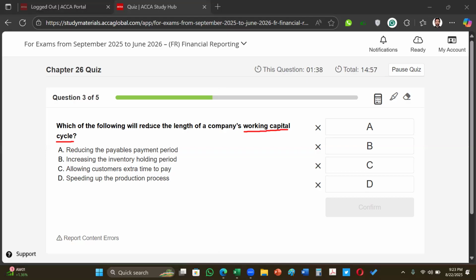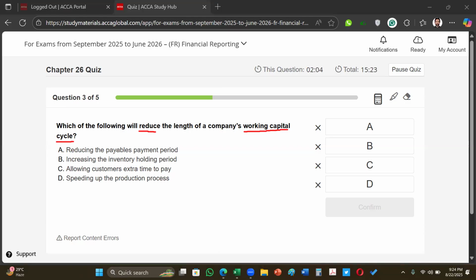Now if we look at what will reduce the length of the working capital cycle, the first one is the thing that I was just explaining, reducing the payables payment period. Reducing the payables payment period is not a good thing. It is going to create a problem. Okay, because if the payables are higher, that is going to help our working capital.